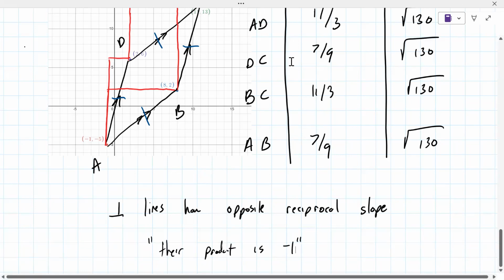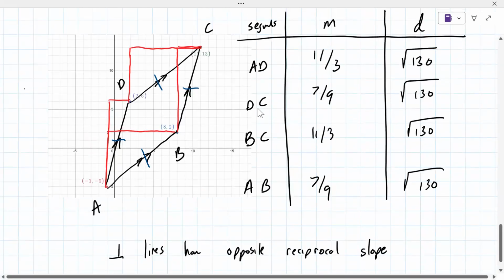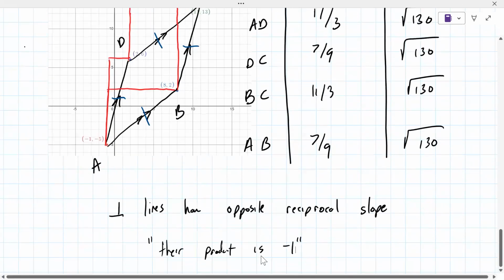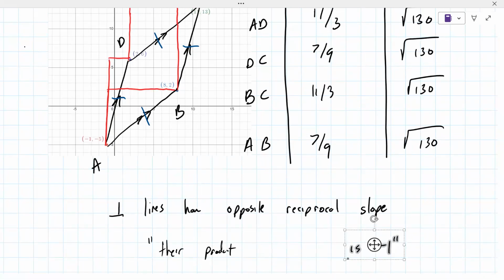So is the product of the slopes of AD and BC -1? The answer is no, because there's not even a negative, but we're talking about the slopes now, the product of their slopes. I should actually add that in there. The product of slopes is -1.